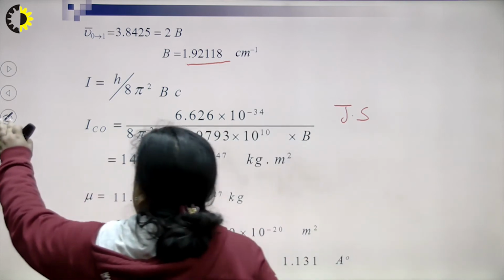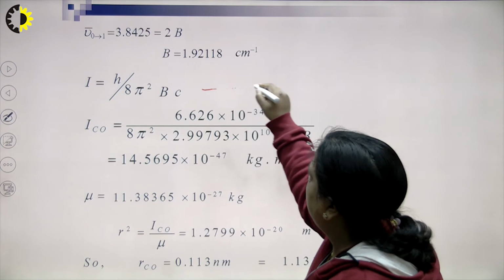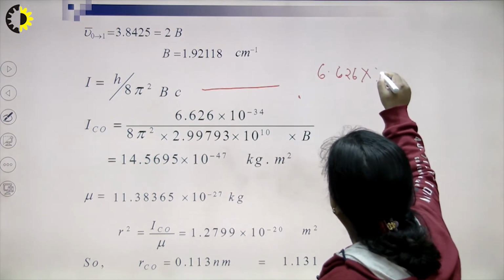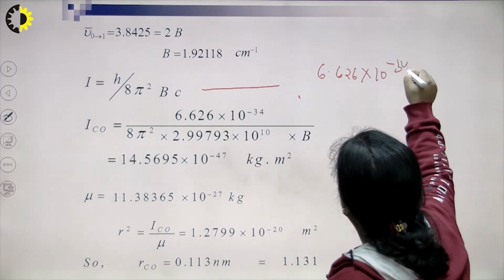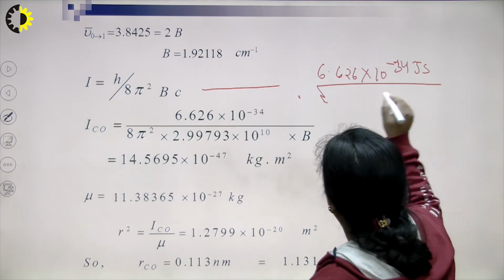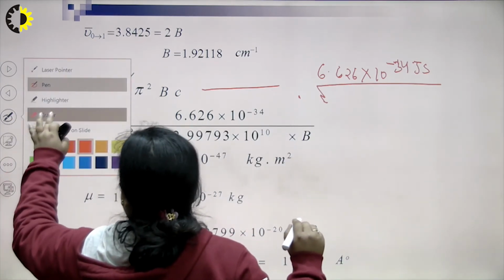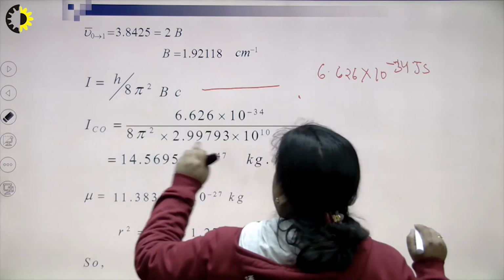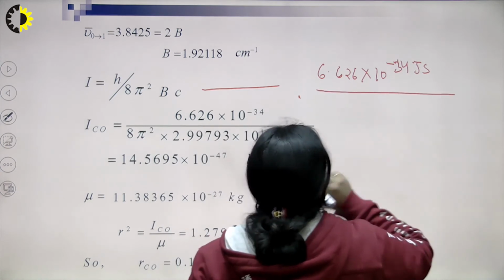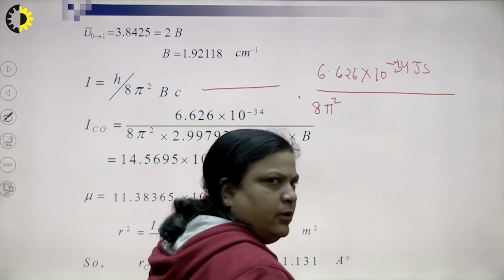So, we can write 6.626 into 10 to the power minus 34, which is in joule second, divided by 8 pi square, where pi is 3.14.